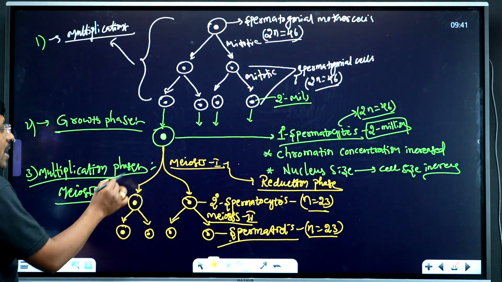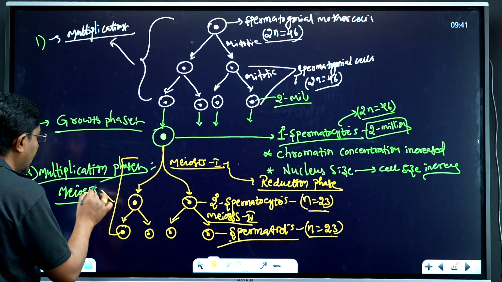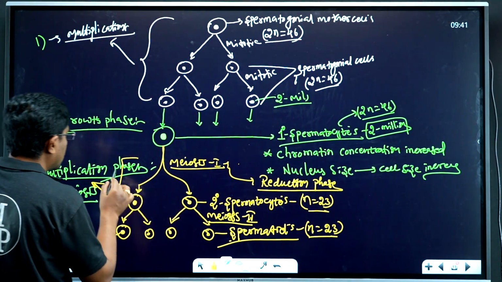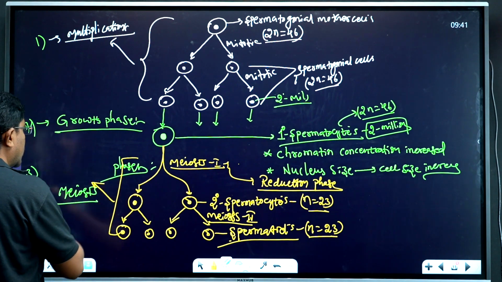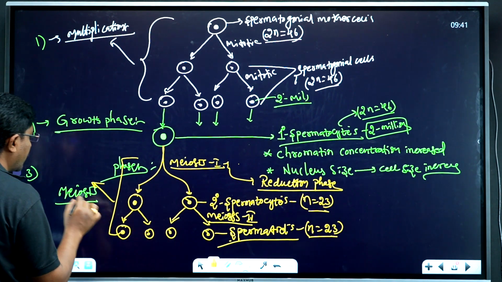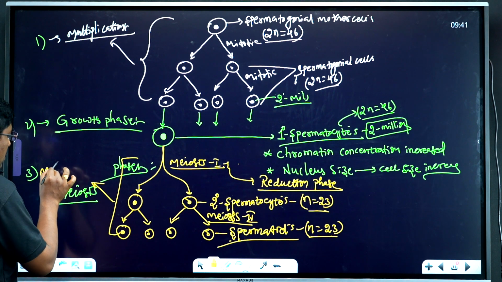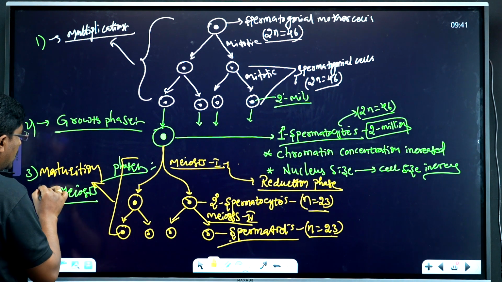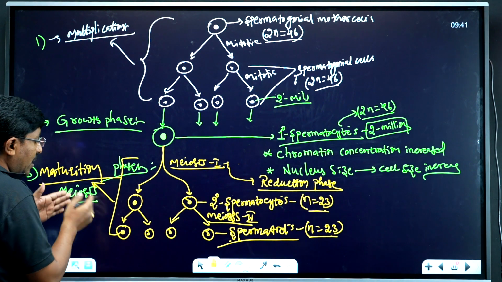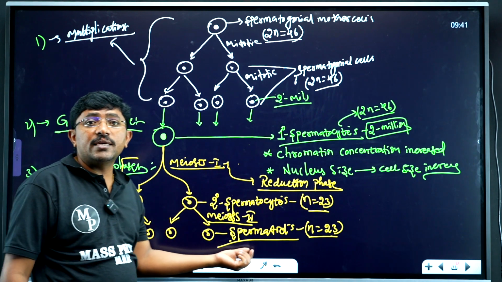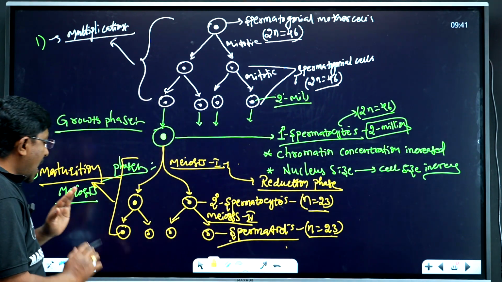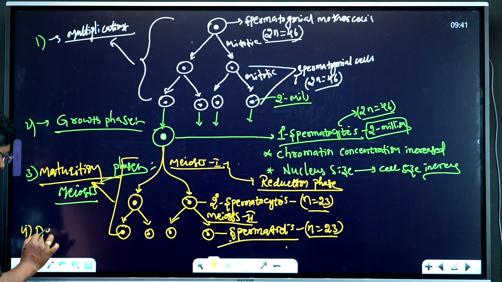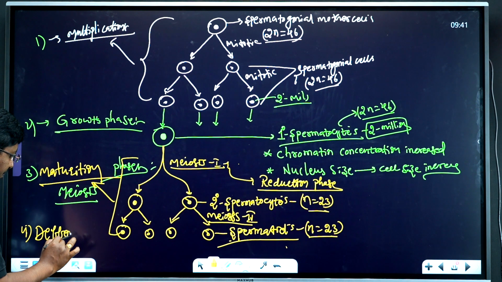Up to here, this phase is the maturation phase. Up to the formation of spermatids is the maturation. After completion of the maturation, the fourth phase begins, that is the differentiation phase.